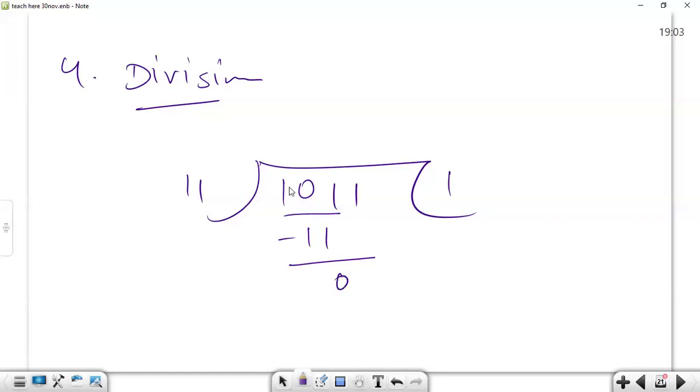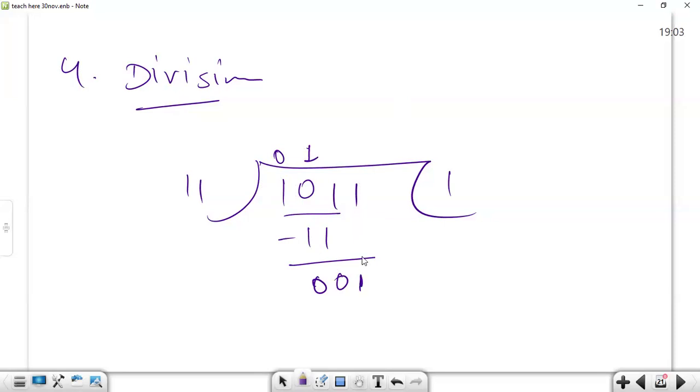Now there is a good example of subtraction. 0 cannot be subtracted by 1, so this has to become a greater number. For becoming greater, this will become 1 and 1 will be borrowed from the next place. So 1 minus 1 becomes 0, and this was borrowed, so this became 0. So it is nothing.